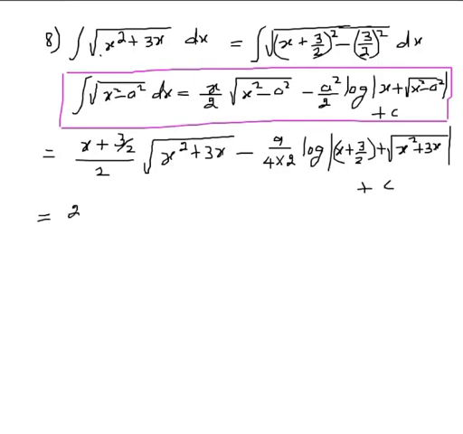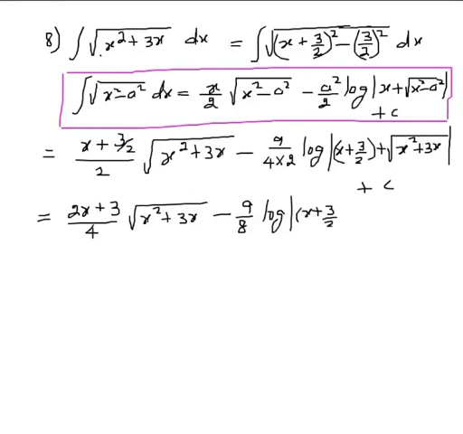Take LCM here. 2x plus 3 divided by 2, 2 twos are 4, root of x square plus 3x, and here it becomes 9 by 8 log of absolute value of x plus 3 by 2 plus root of x square plus 3x plus c.